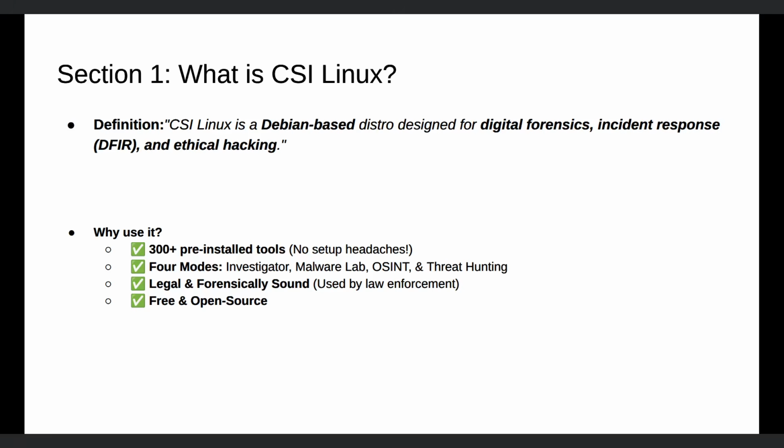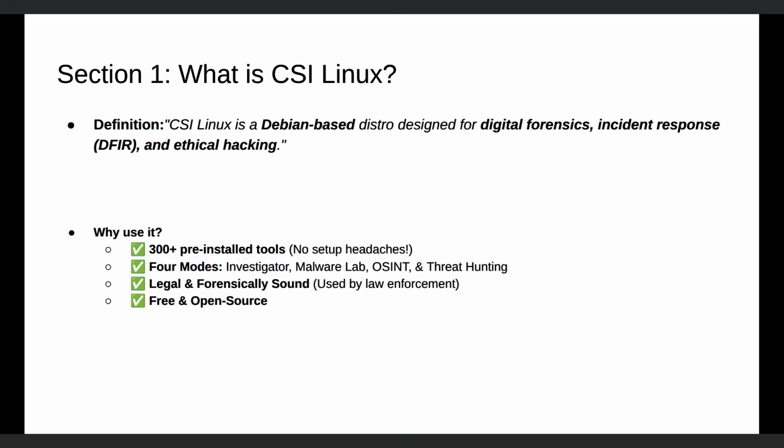So why CSI Linux? One, it comes with pre-installed tools, no setup headaches, since the tools come pre-installed in the OS and you just need to use them. And we are talking about more than 300 pre-installed tools.